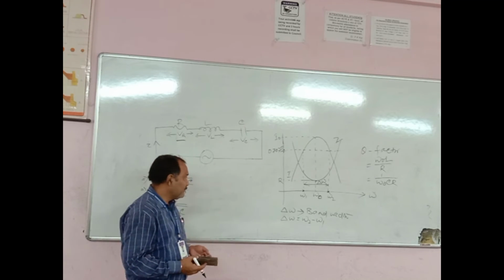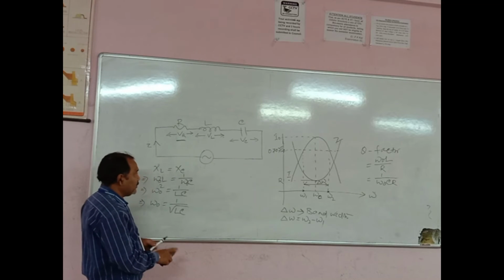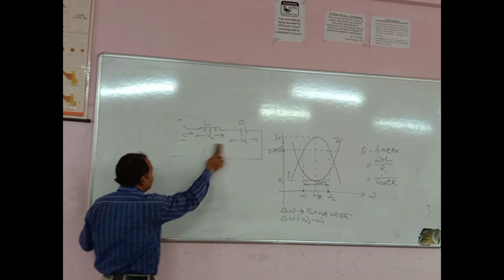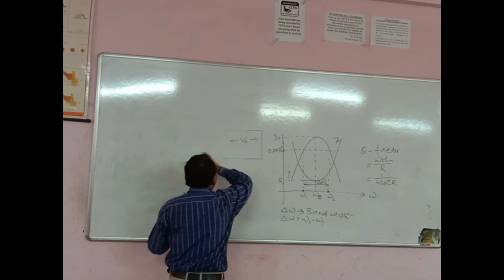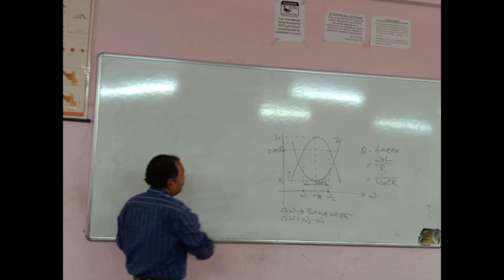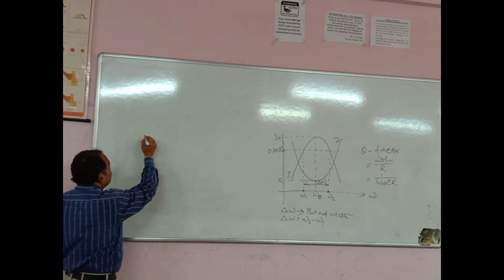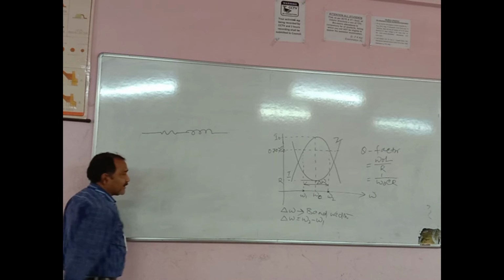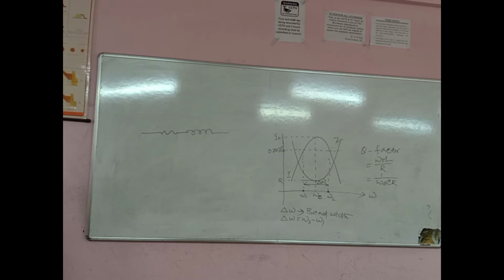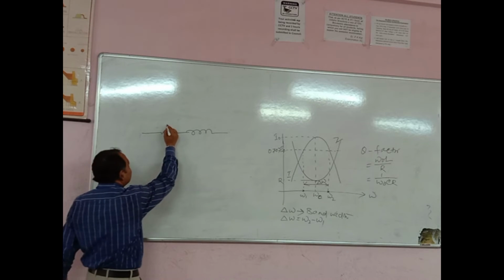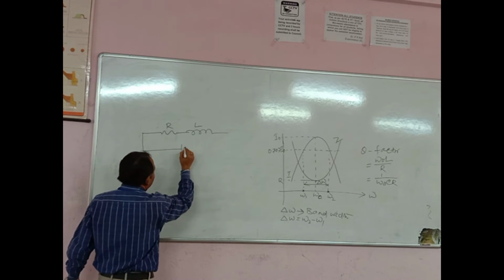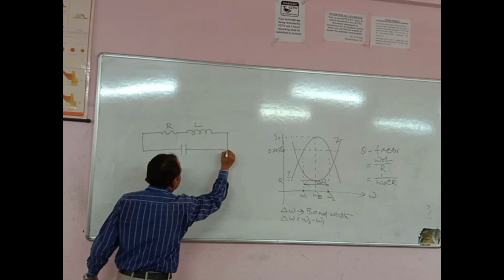So if we take a parallel circuit of RLC for resonance conditions, we can say this is a coil, because any coil consists of a winding which must have some resistance. So this is the resistance and this is the inductance, and along with that a capacitance is in parallel.